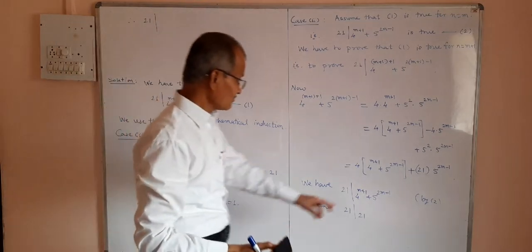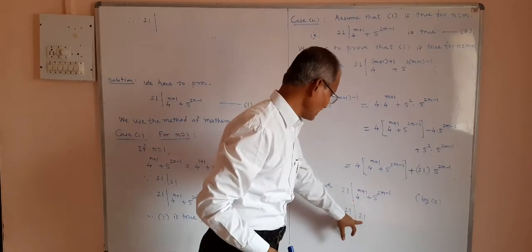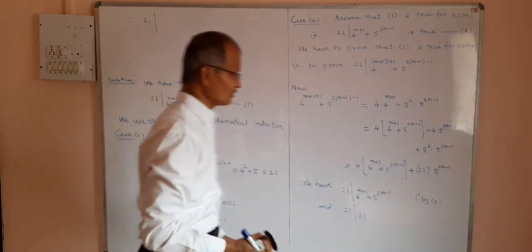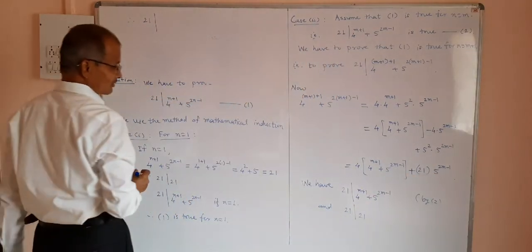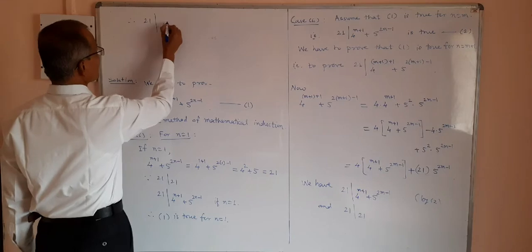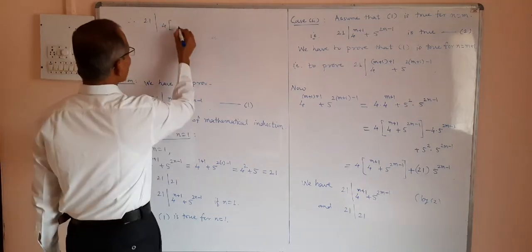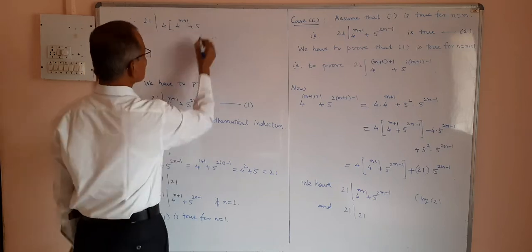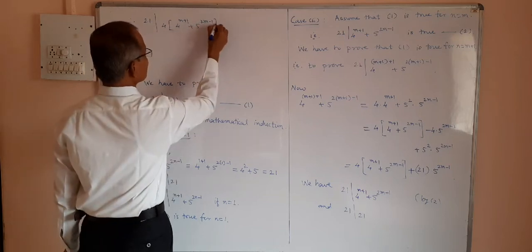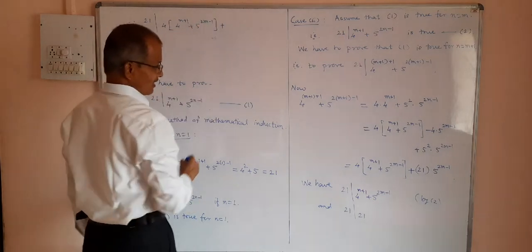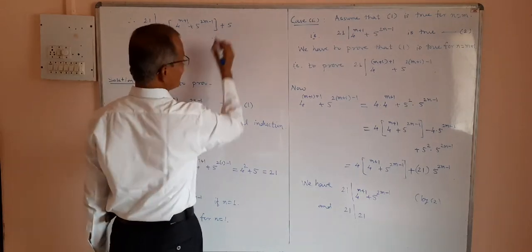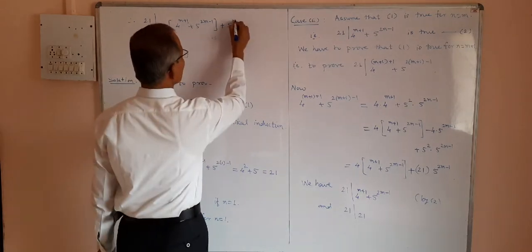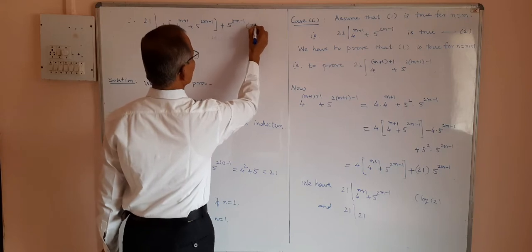and multiply this number by 4, multiply this by another number, 5 to the power 2m minus 1. So 21 divides 4 into bracket 4 raised to m plus 1 plus 5 to the power 2m minus 1, plus, or we may write 5 raised to 2m minus 1 first and then 20.